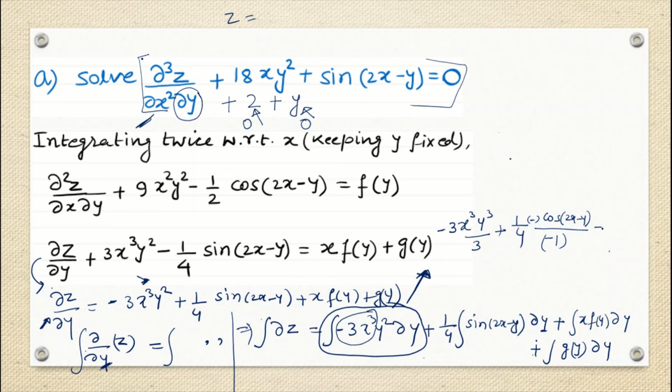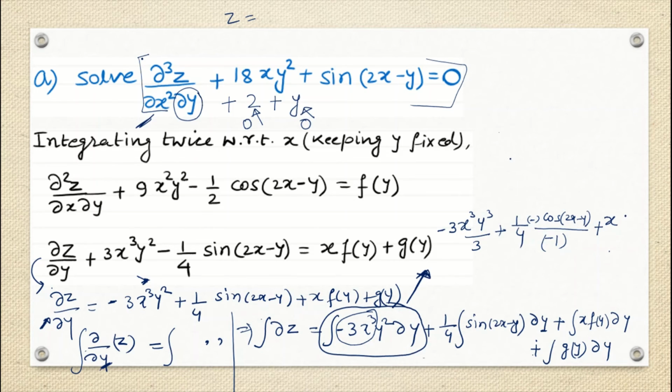Plus what I am writing down here, plus x is constant here, and then integration of f(y) ∂y. Okay, so integration of f(y) ∂y. We don't know exactly what my f(y) is, but integration of f(y), I'll just write down some other name, any other name.